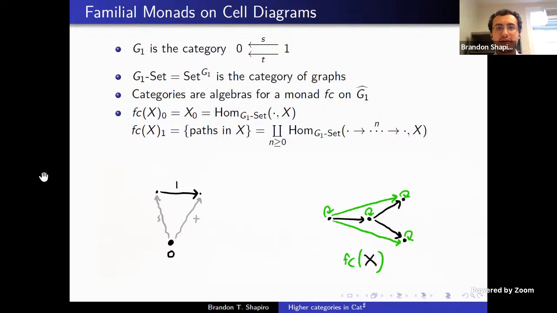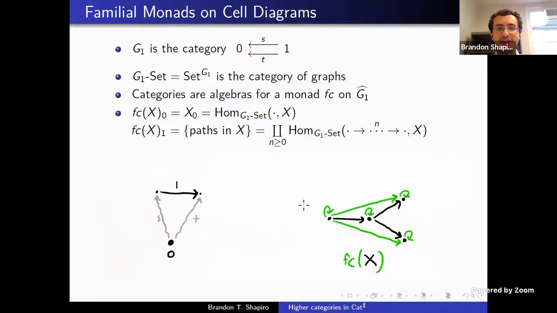And in particular, you can see then that the assignment on vertices is representable by the walking vertex, by which I mean the graph with just a single vertex and no edges. If you take natural transformations of G sets from that to X, you recover the set of vertices in X.